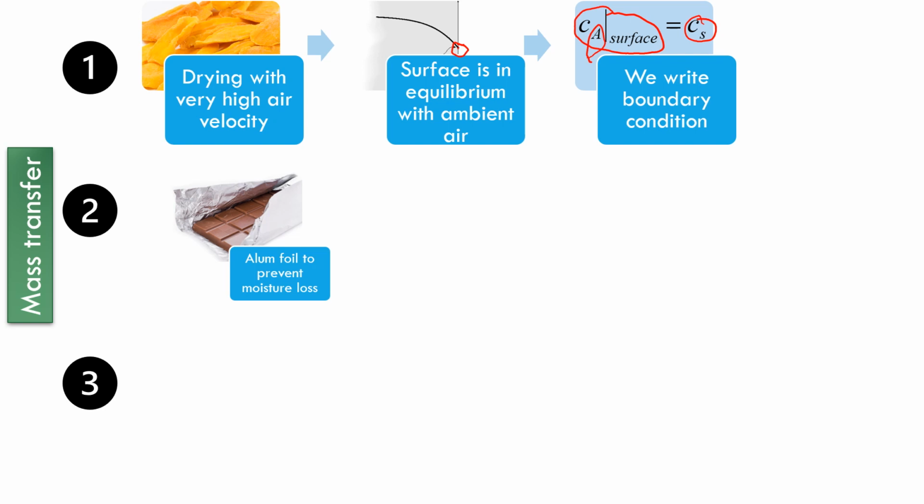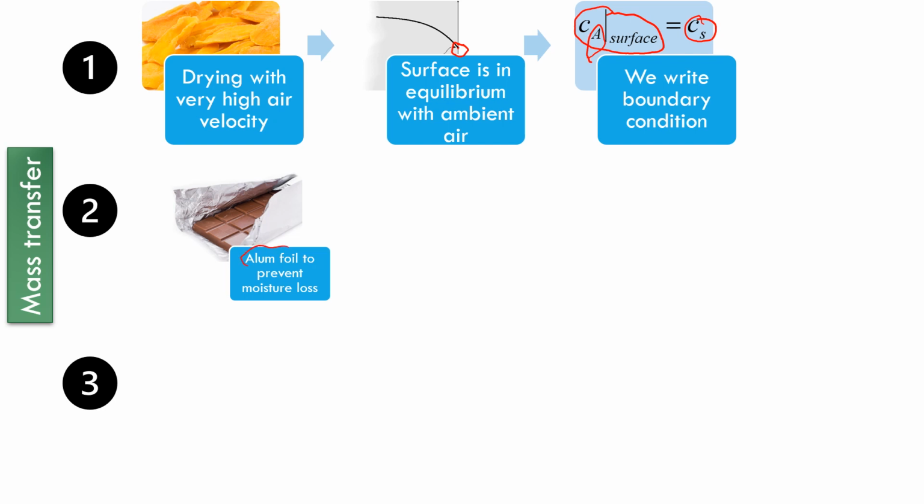Now it's hard to really enforce some sort of a mass flux in this context, so the two extreme cases that we can enforce are when flux is equal to 0, as in this chocolate bar.